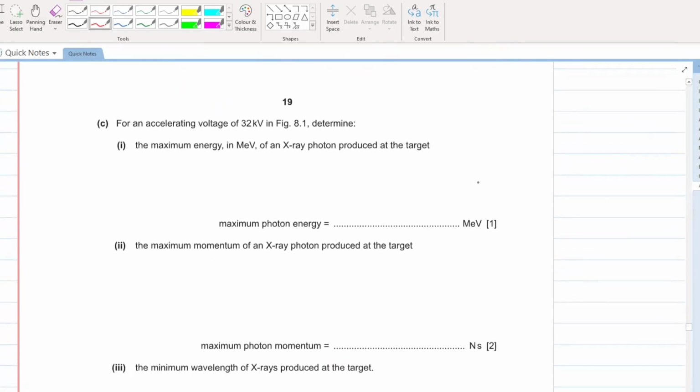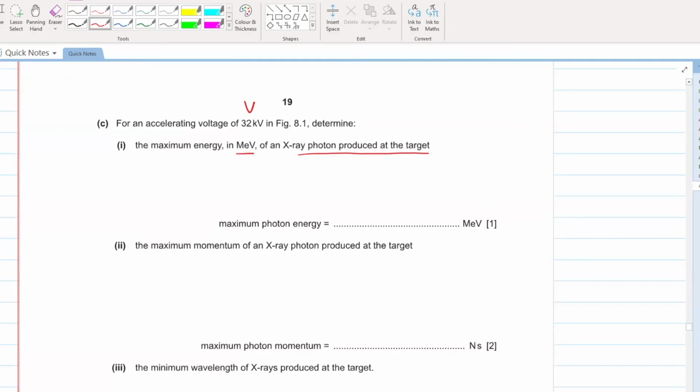For an accelerating voltage, this is your accelerating voltage. In figure 8.1, determine the maximum energy of an X-ray photon produced at the target. You have to calculate the maximum energy of an X-ray photon produced.